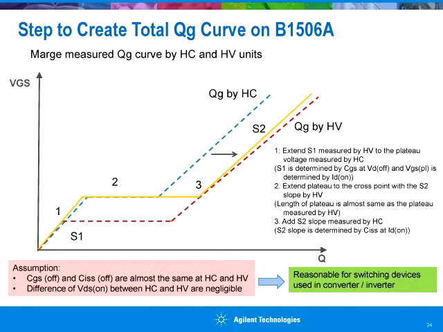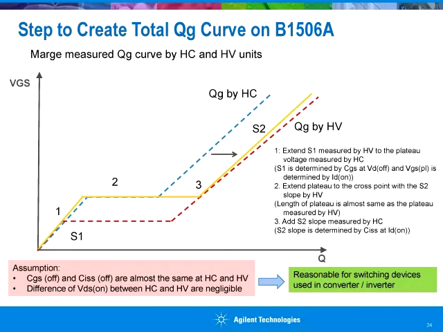Then extend this plateau part to the cross point at slope 2 measured by the high voltage SMU, because the length of the plateau part is almost determined by the high voltage measurement part.